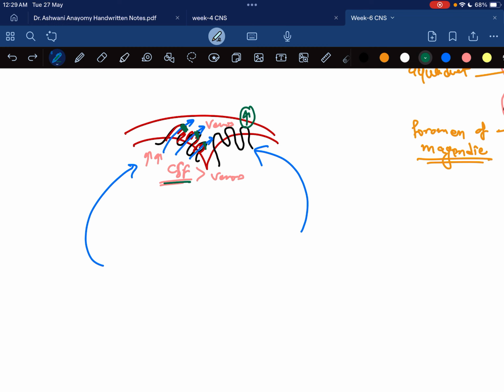There is a blockage. So that is the reason the CSF is drained only in this system. If any cause, such as thrombi or inflammation, causes this blockage or increases the venous pressure, that leads to increased CSF pressure, and that leads to increased intracranial pressure, or also to hydrocephalus.